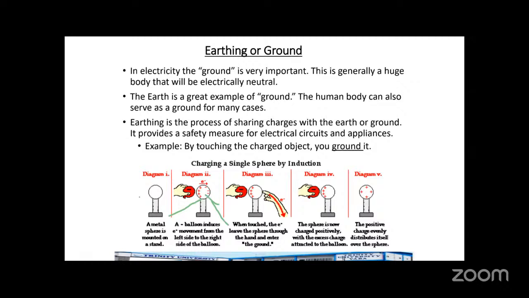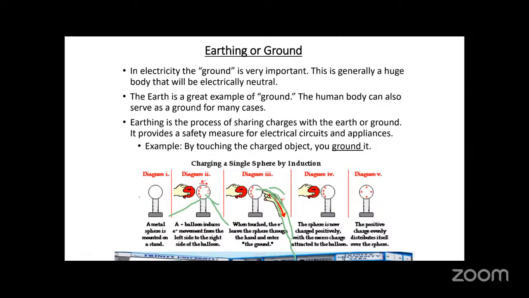So now, in the next diagram, you see diagram 3, you see the hand touching the body. When the hand touches this body, all the negative charges will flow through the hand into the ground. So the earth there, the hand there, the human body there has served as earthing.